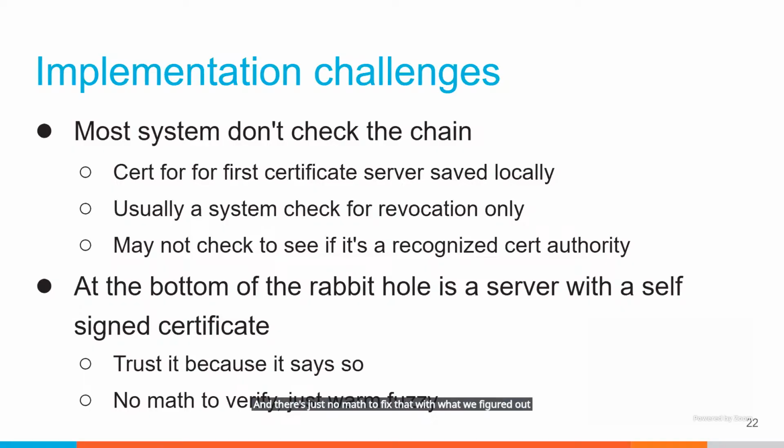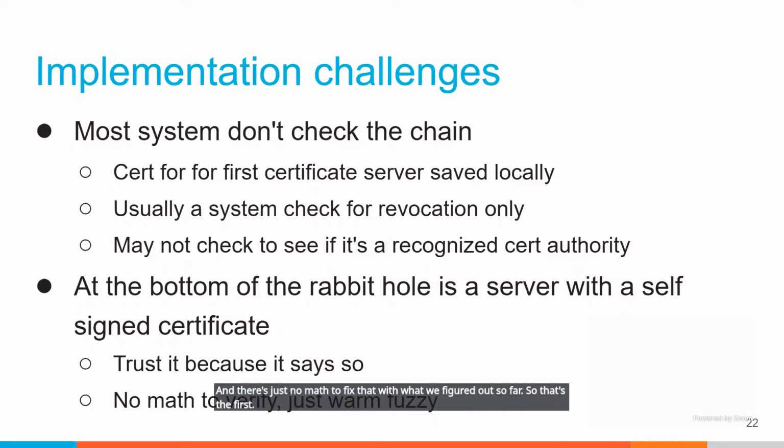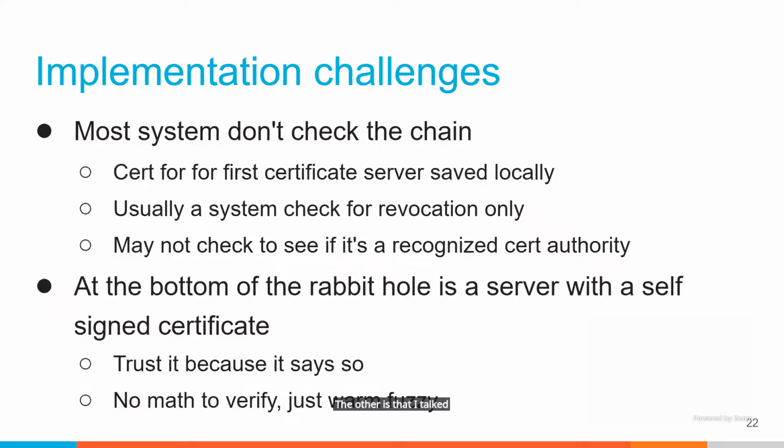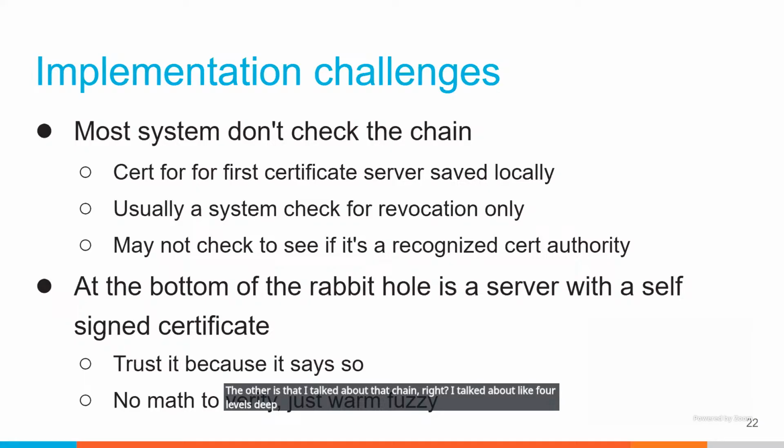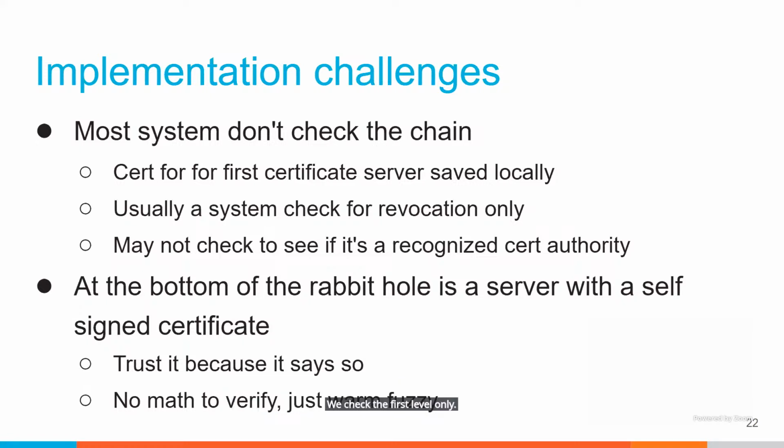So that's the first. The other is that I talked about that chain, right? I talked about like 4 levels deep of digital certificates until you get to the warm fuzzy. The reality is we don't do that. We check the first level only. So when someone goes to your website and says, oh, are you trustworthy? Let me go get the issuing server's digital certificate and check that.